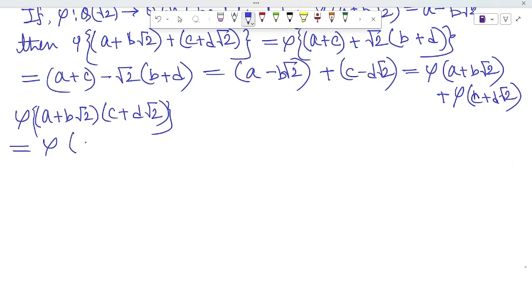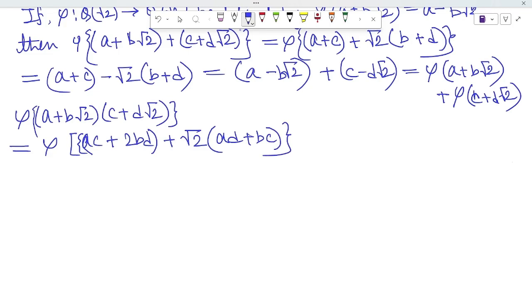So it is ac plus 2bd plus root 2 into ad plus bc.